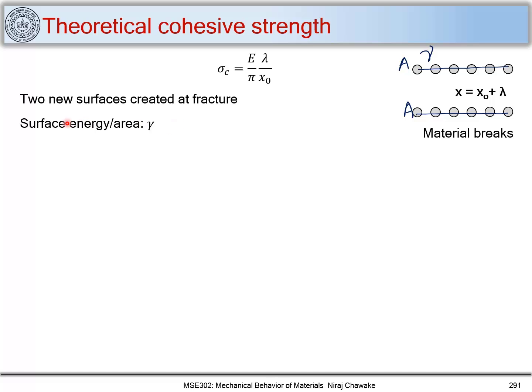we can write the surface energy per unit area as gamma, and we can say that the work done is to create this surface energy, and we can write it as 2a into gamma. So it will be energy, which is nothing but the work done that is required to form these new surfaces.